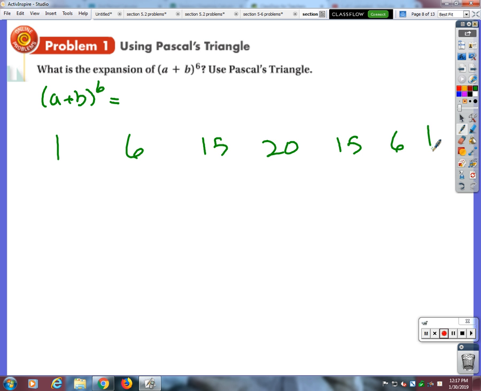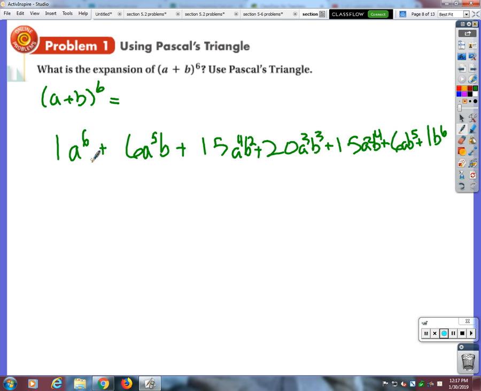This would be 1 what? a to the 6th plus 6 a to the 5th b plus 15 a to the 4th b squared plus a to the 3rd b to the 3rd plus b good plus b to the 5th plus finally b to the 6th.